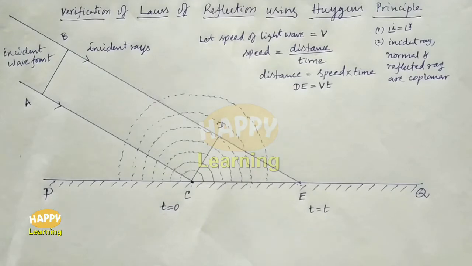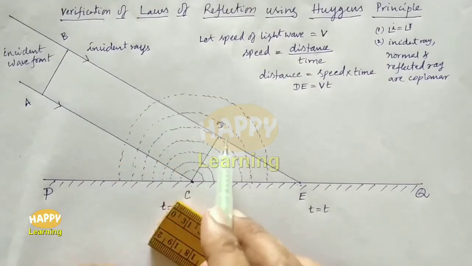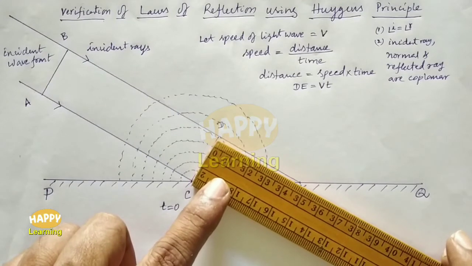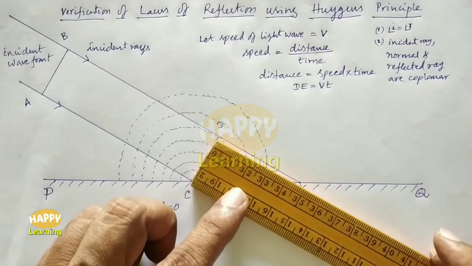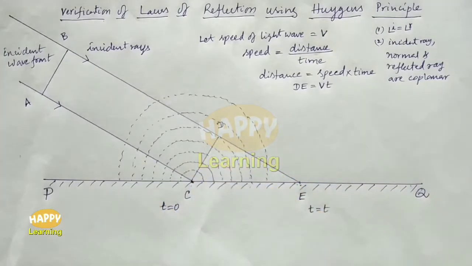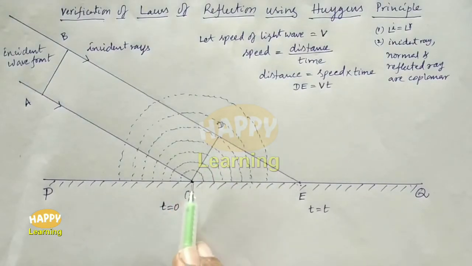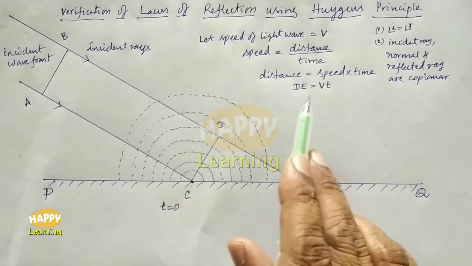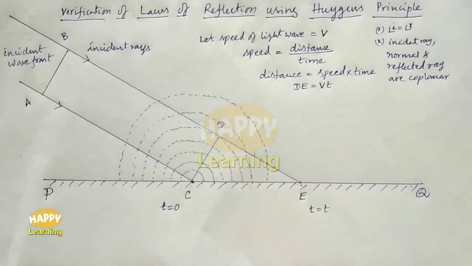By the time this wave BD reaches the point E in a time t, the distance traveled is DE, which is Vt. In the same time t, because this is the same medium, the secondary wavelet also travels a distance Vt.